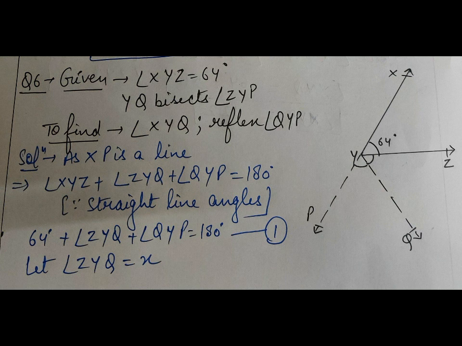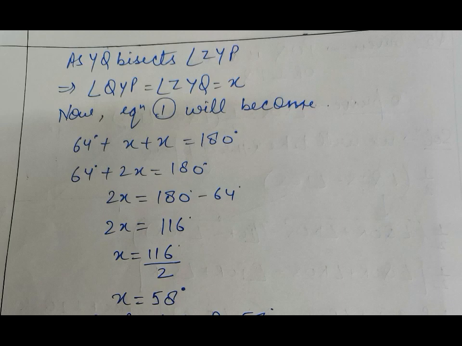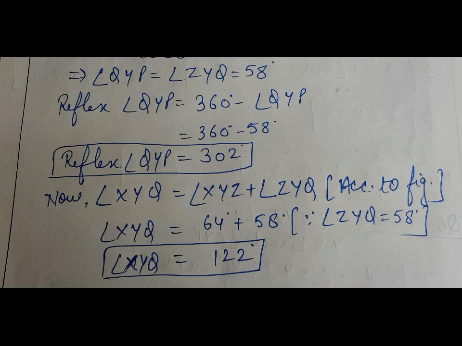Let angle ZYQ be equal to X. As YQ bisects angle ZYP, we can say that angle QYP is equal to angle ZYQ is equal to X. Now equation number 1 becomes 64 plus X plus X is equal to 180 degrees. Now further solving it, we will get the value of X, and the value of X will be 58 from here. So we can say that angle QYP is equal to angle ZYQ is equal to 58 degrees.